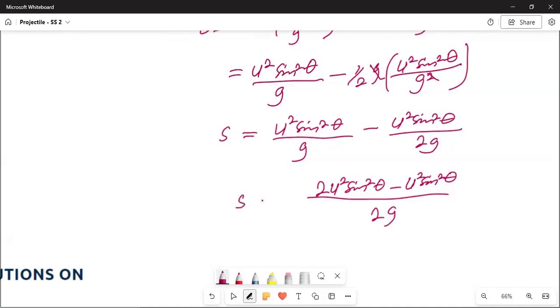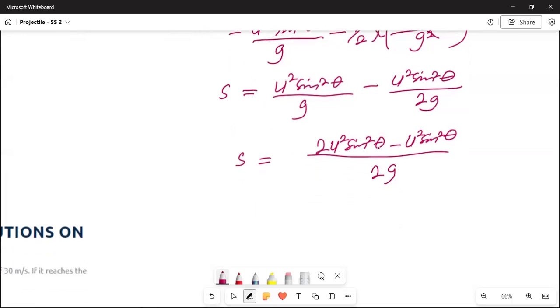So S is equal to 2u squared sine squared theta minus 1u squared sine squared theta. 2 minus 1 is of course 1. Therefore, 2u squared sine squared theta minus 1u squared sine squared theta is 1u squared sine squared theta over 2g. This is the maximum height attained by the projectile: u squared sine squared theta over 2g.